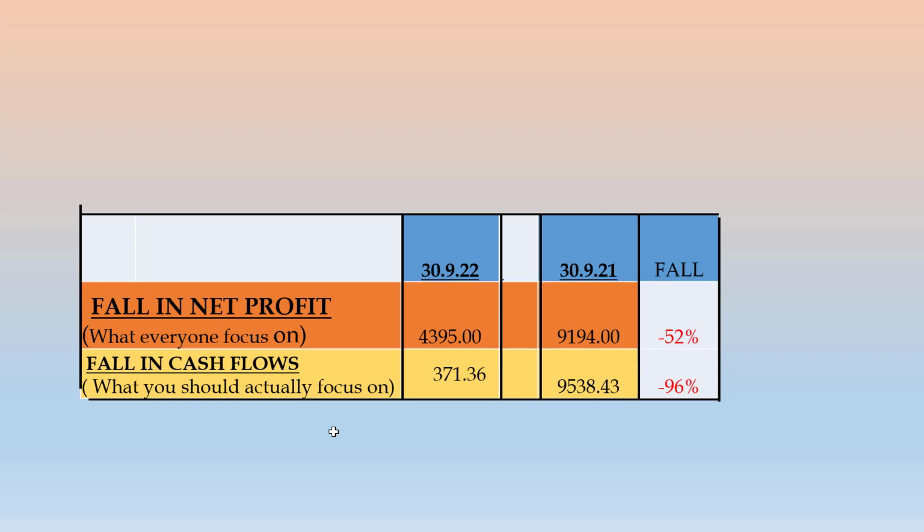And this is the thing which no one is talking about. Everyone is focused just on the profits. They are talking about how quarter by quarter, year by year, the profits have reduced by 52%. But why is no one talking about the fall in cash flows? This is what you should actually focus on. The fall in cash flows is more than 96%.